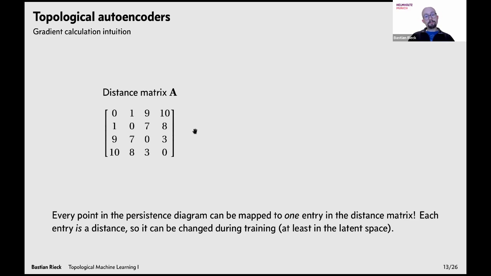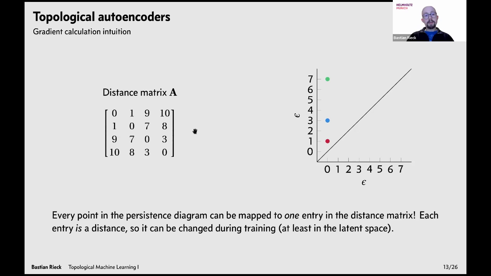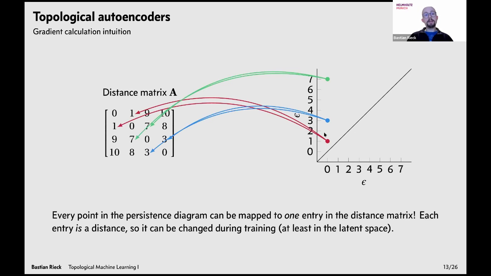And we observe that under mild conditions, so under the condition that all the distances are unique, we can map each point in the persistence diagram that we get from this data to exactly one entry, or rather, in this case it's two entries because it's symmetric, right? But we can map it to one entry in the distance matrix.